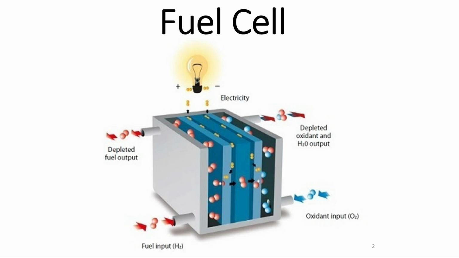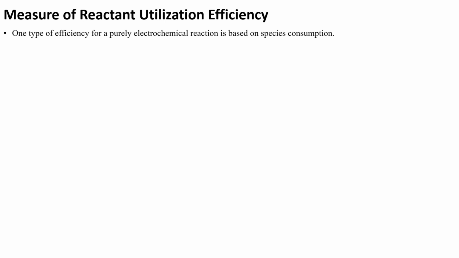Now in this lecture we will discuss the utilization of reactant and the stoichiometric ratio, and we will do some problems related to Faraday's law. Measure of reactant utilization efficiency. One type of efficiency for a purely electrochemical reaction is based on species consumption.